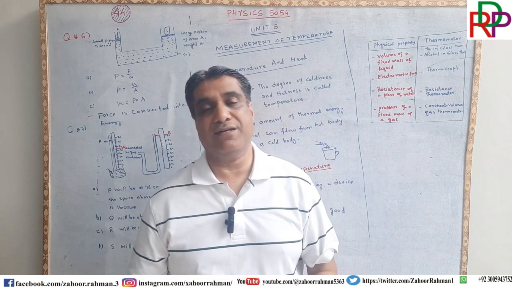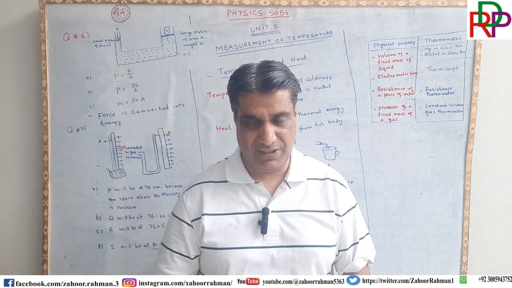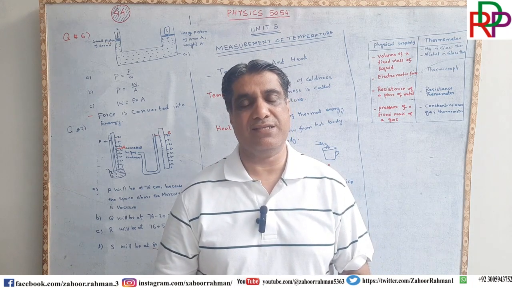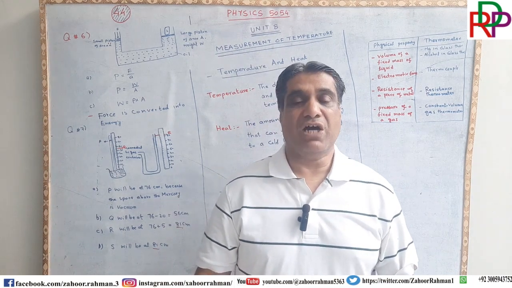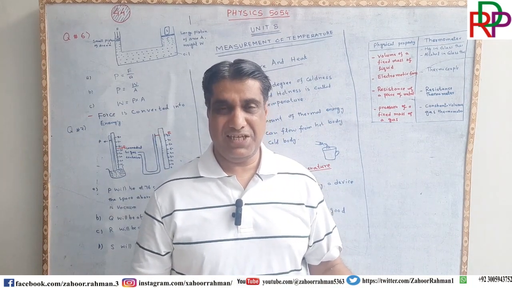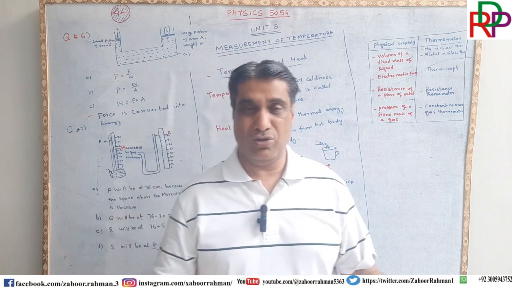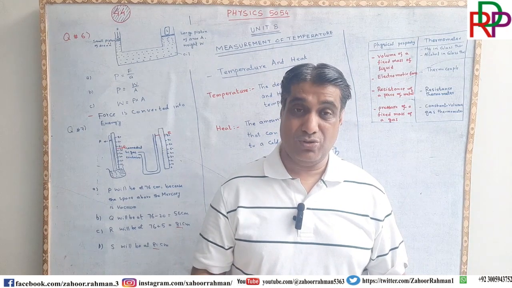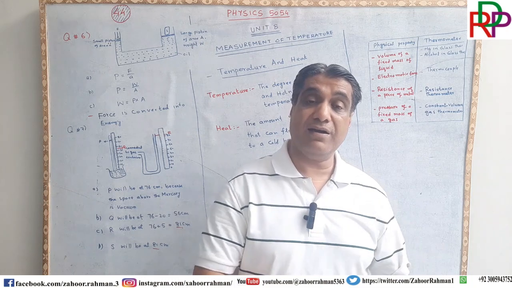Temperature can be hot. If the body temperature is high, somebody is having fever, so we are saying the temperature of the body is very high. Now we are going to Antarctic. There is temperature also, but we say the temperature is below 0 degree Celsius, so it is cold. So temperature can be cold or hot as well.